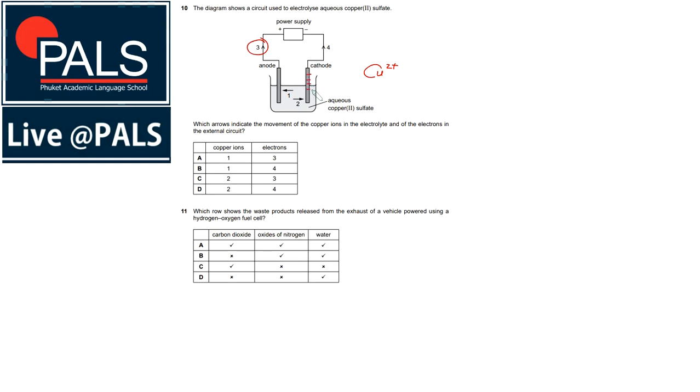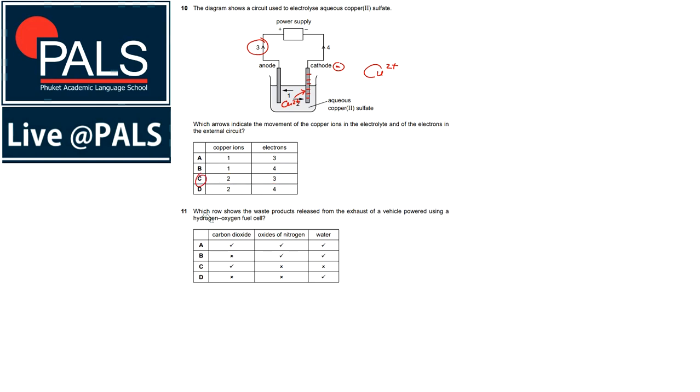This is negatively charged. The cathode is the negative electrode, and therefore the copper ions will be attracted to the cathode. And so 2 is the correct arrow here for copper. So copper ions 2, electrons 3.